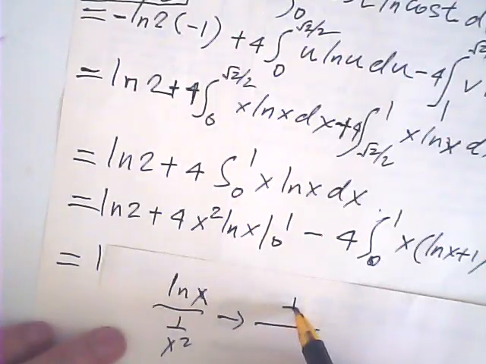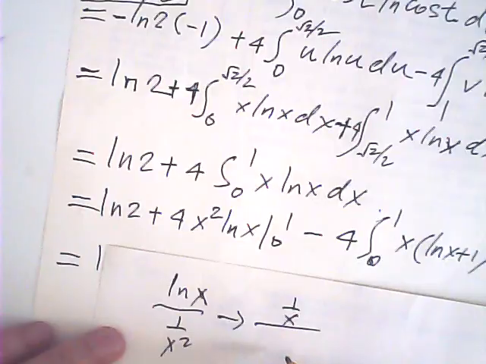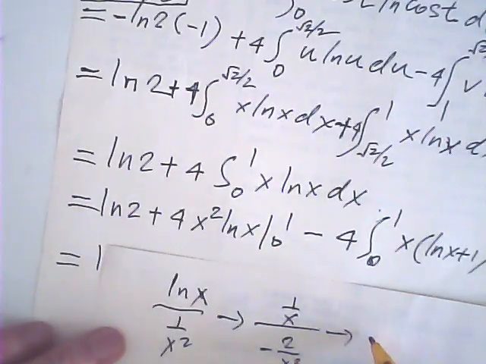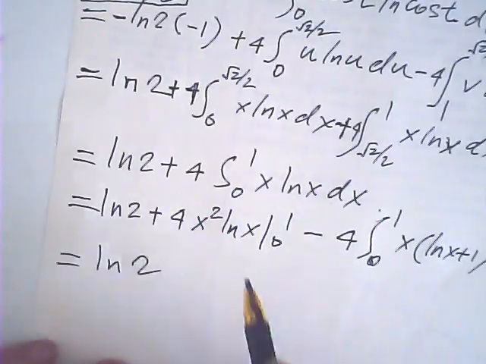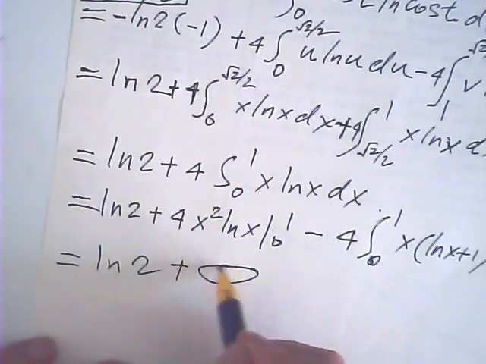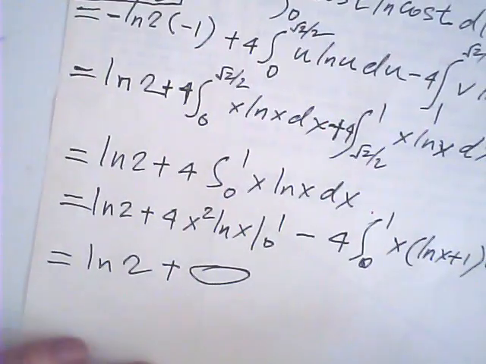Then it is infinity over infinity. So the derivative of this will be negative, right? 2 over x cubed. So this one is going to 0. Okay, that is obvious by using L'Hopital's rule.